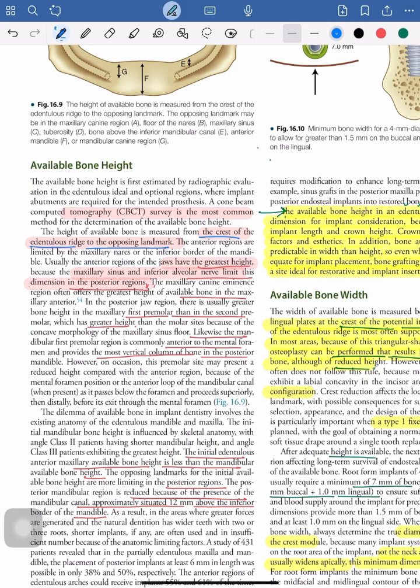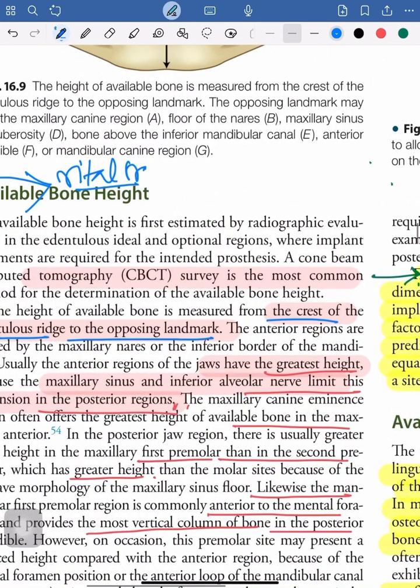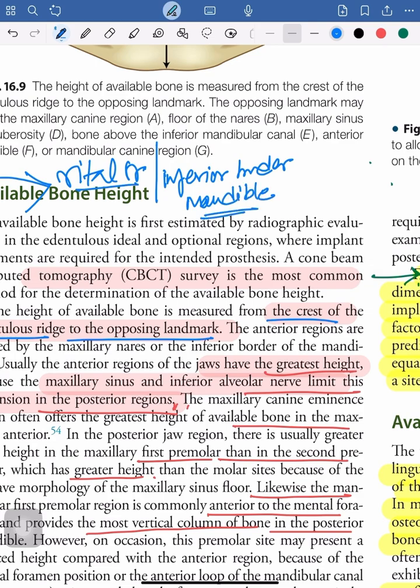This opposing landmark could be any vital structure or the inferior border in case of the mandible, or in case of the maxilla it could be the nasal floor or maxillary sinus.